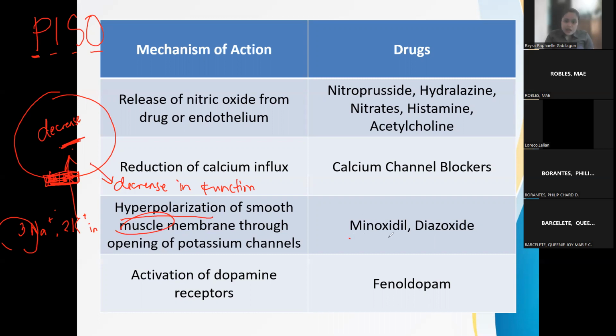So yun yung way of the minoxidil and diazoxide to decrease the blood pressure. As the muscle relaxes, meaning nun, there is vasodilation. Okay? So pag nag-dilate, syempre, there will be a decrease in the blood pressure. Okay? Questions about that?